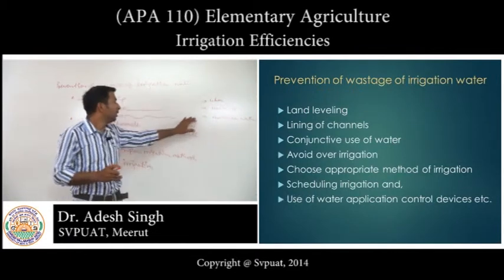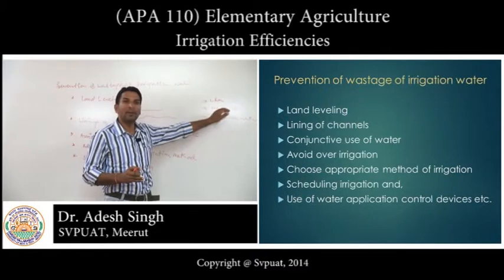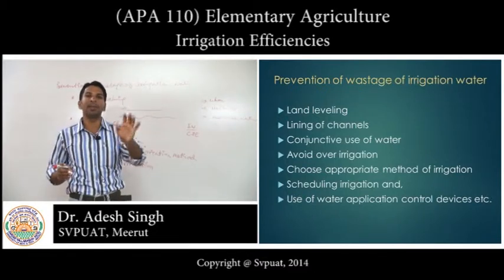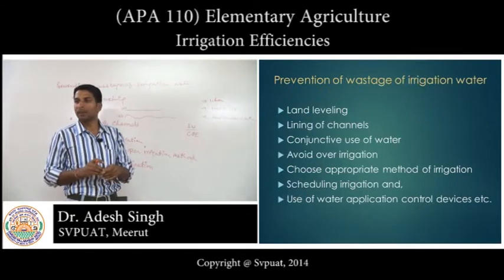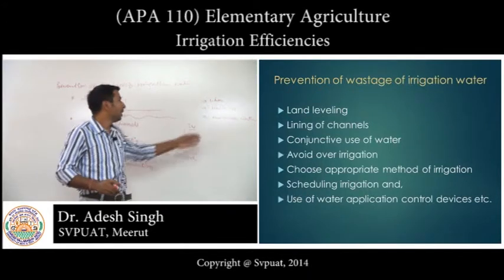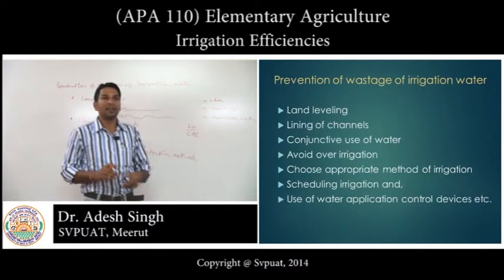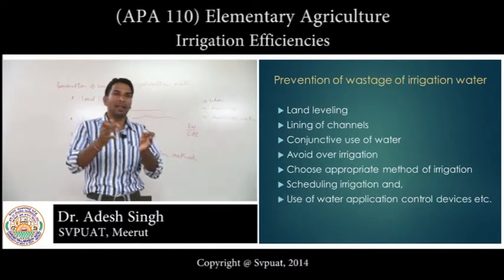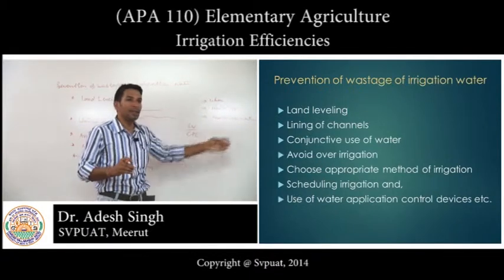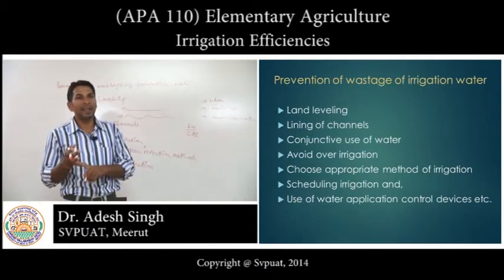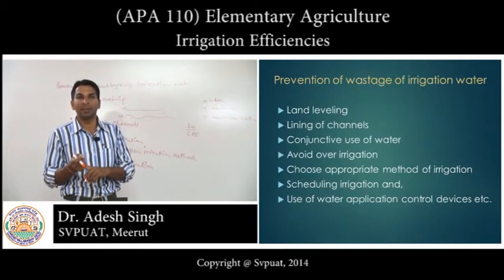Second, how to apply, means what is the appropriate method for application. Either the surface method is used, or drip is adopted, or the sprinkler method is used. And how much, means what is the actual need of the crop plants, and it can be quantified with the help of either net irrigation requirement or gross irrigation requirement.